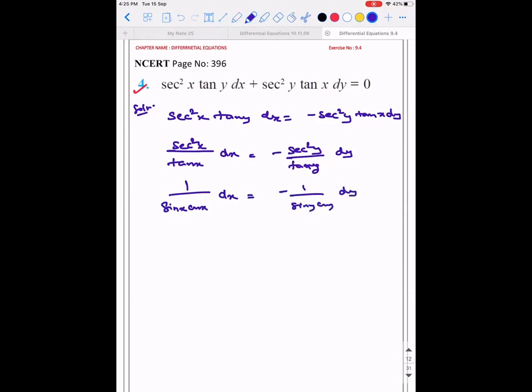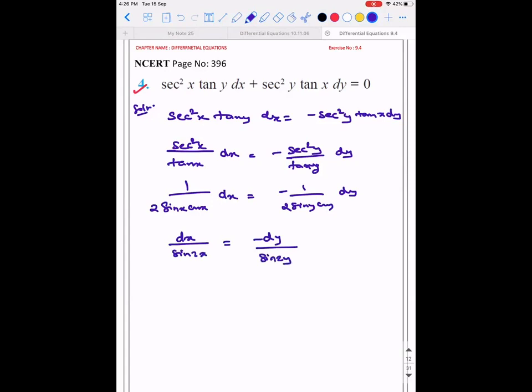Now, you can multiply by 2 on both sides. So what are you going to get? dx divided by sine 2x is equal to dy by sine 2y.